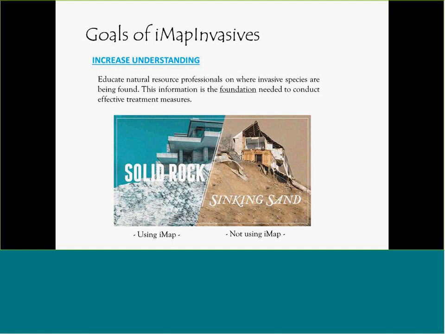So again, this is really a great source to come to if you want to do some type of management effort. Going into iMap and looking to see what data is available in there already is always a good starting point. And if there's no information for a specific region that you're interested in, that's okay. We always encourage you to be one of the first people to go and actually incorporate some data into the database so that other users can benefit from that.